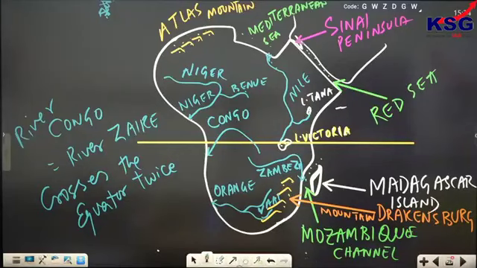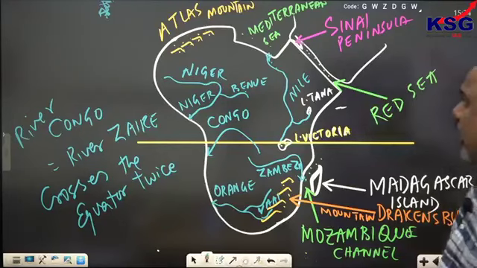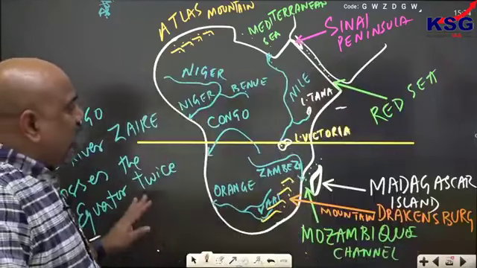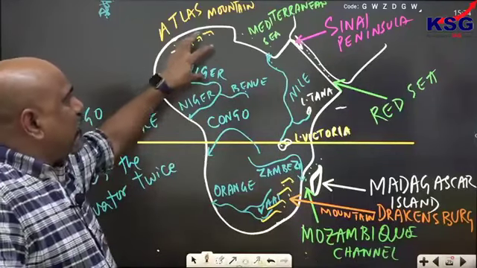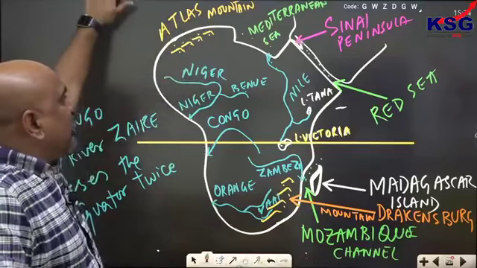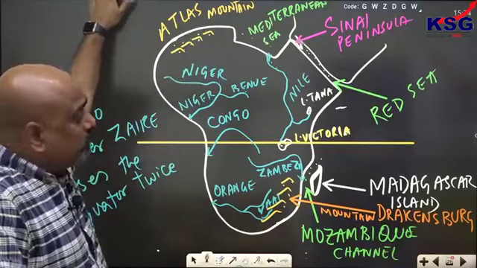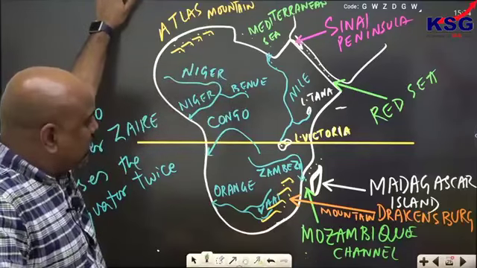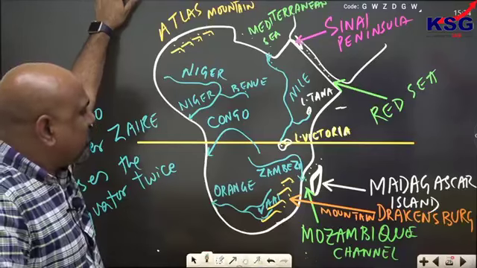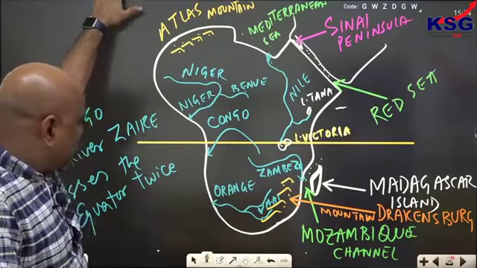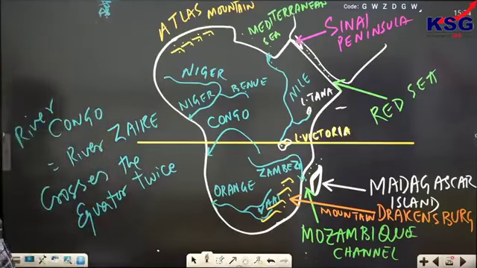Drakensberg is different from the Atlas, completely different. We have already drawn the map of deserts earlier, if you remember. Here are the rivers, mountains. You have some plateau also. Is it clear to you? यहाँ तक हो जाएगा. I will go for now.